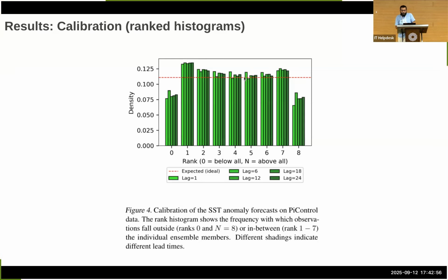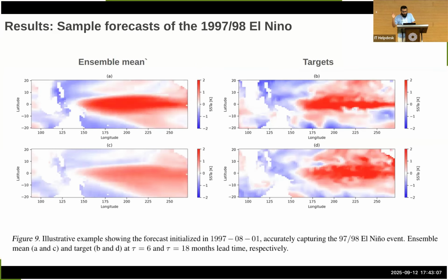The message from this plot is that for most of our ensemble members, we are very close to the red dashed line, and that means that we have a very well calibrated model on our hands. And I think this is the last result. This is to give you a qualitative flavor for what kind of fields are outputted from our model.